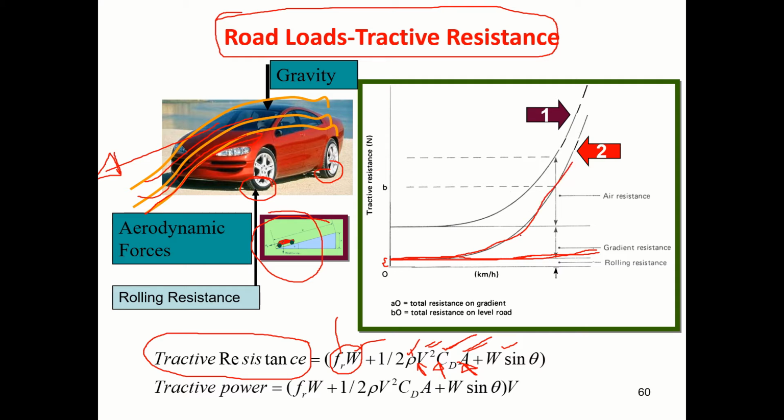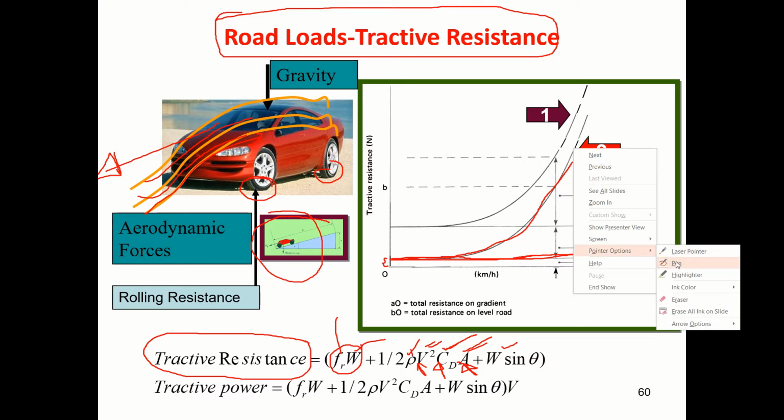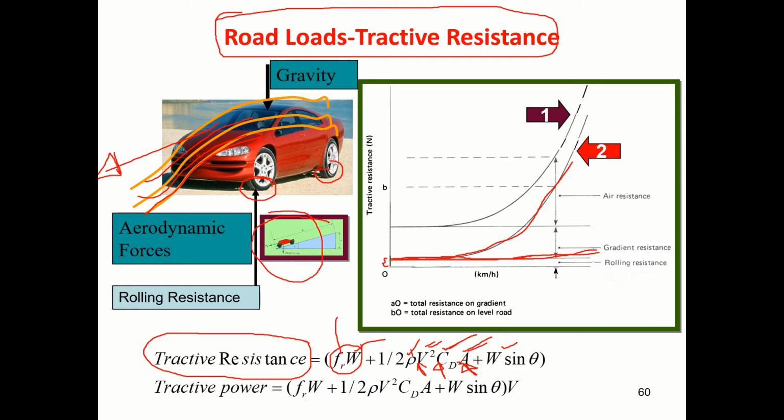I think we should show it from 0. This is the rolling resistance, and I should show the aerodynamic resistance like this, right?